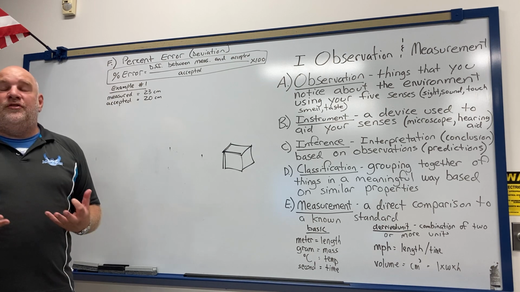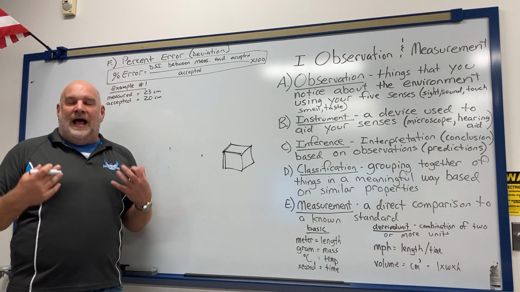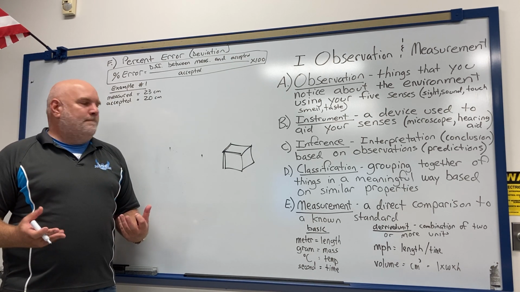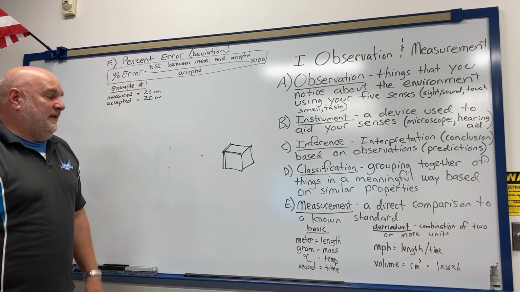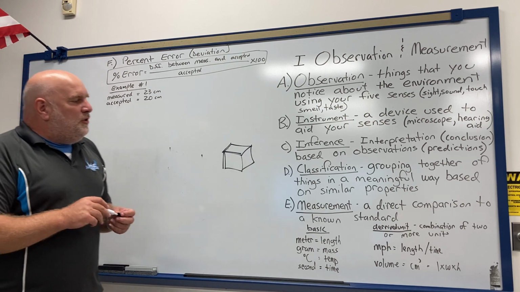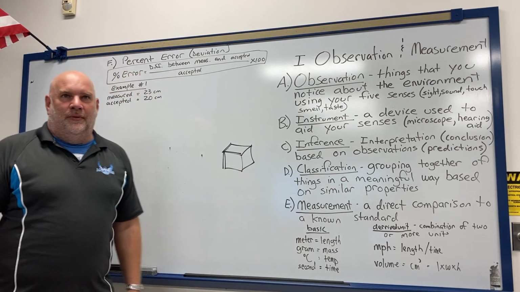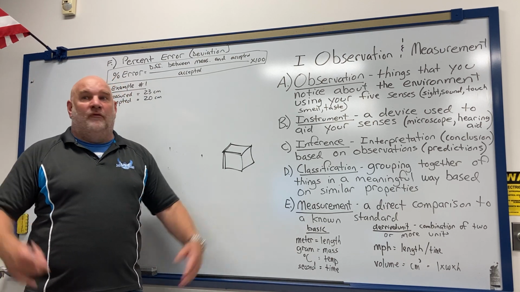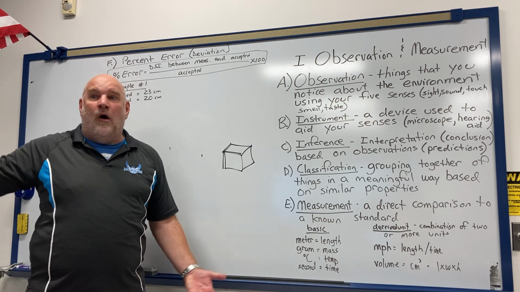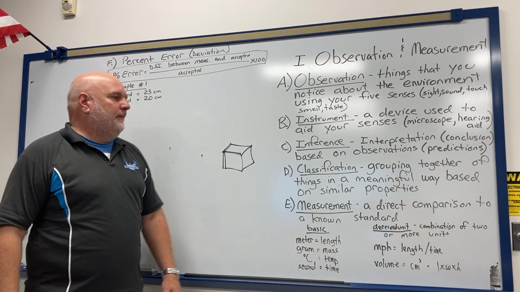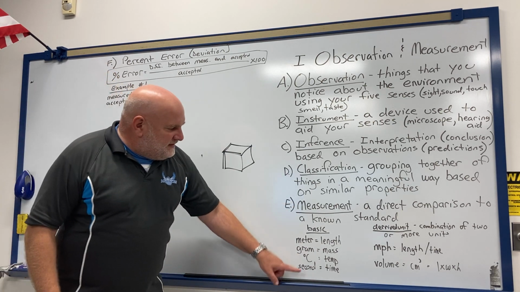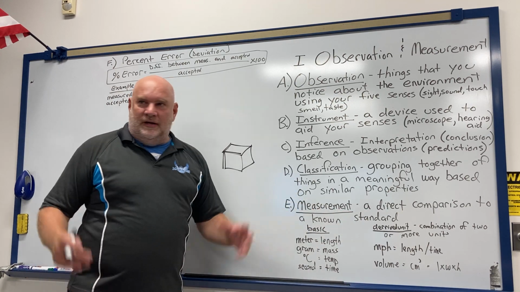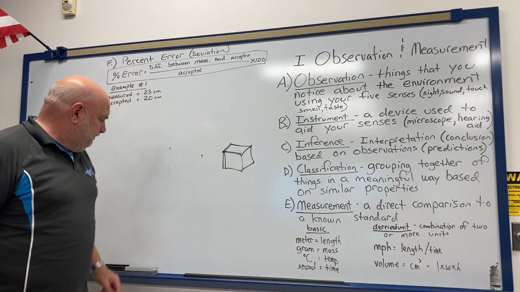So it's three length units put together that gives you your unit for the size of something, volume. And there are 1,000,001 other derived units you can come up with. You might say the temperature went up 12 degrees per hour, right? Degrees per hour would be another example of a derived unit. So basic units stand on their own. Derived units are where you take two other units and put them together.